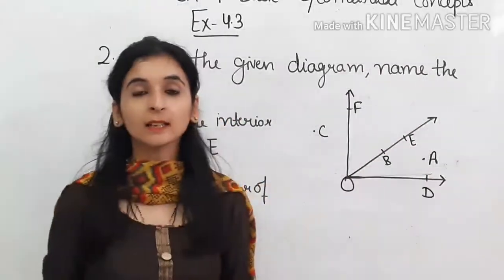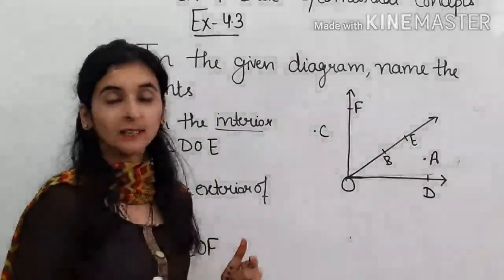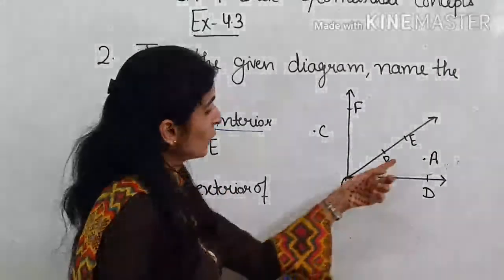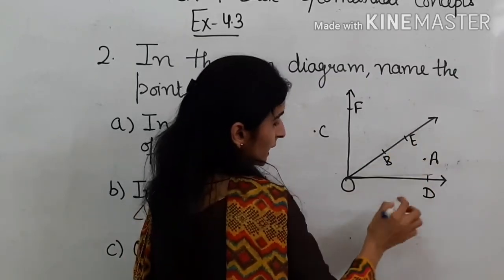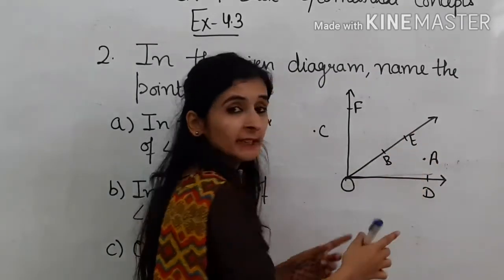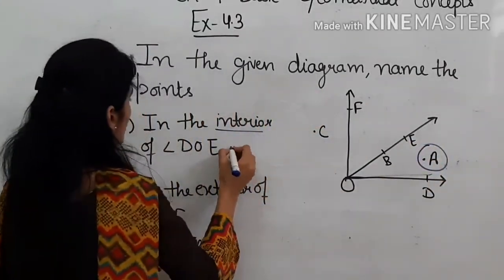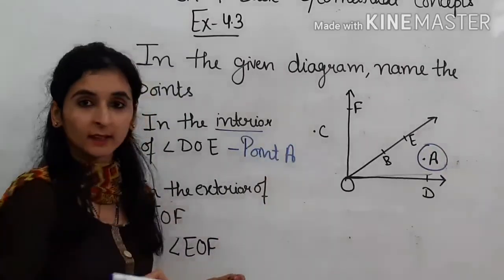As it is clear from the name, interior means inside that angle. So which point is in the interior of angle DOE? Point A. So we can write here point A.